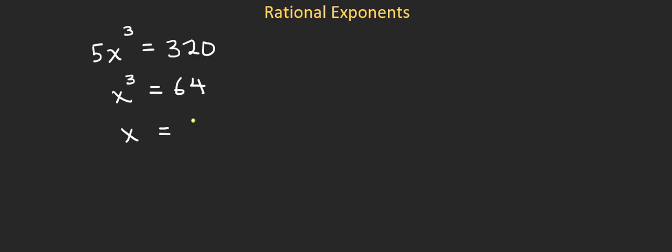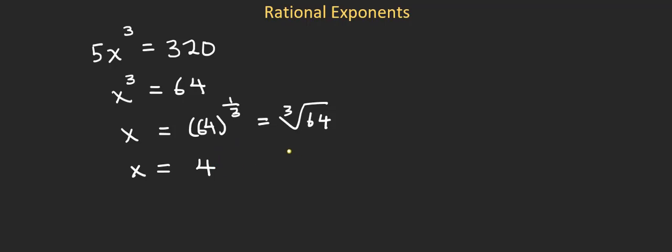So you end up getting 64 to the 1/3. Or you could write it like this, it doesn't matter. And what is the cube root of 64? It's 4. Now you could check your answer by plugging it in, to see if it works.